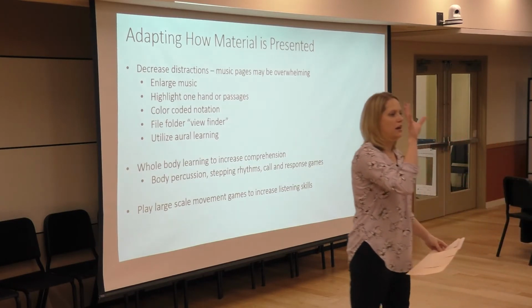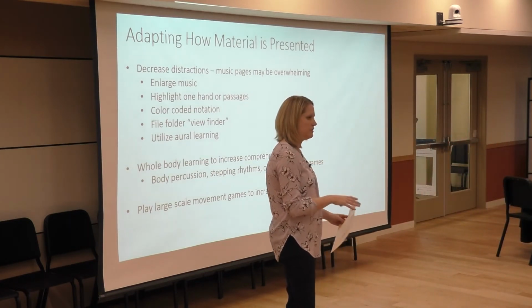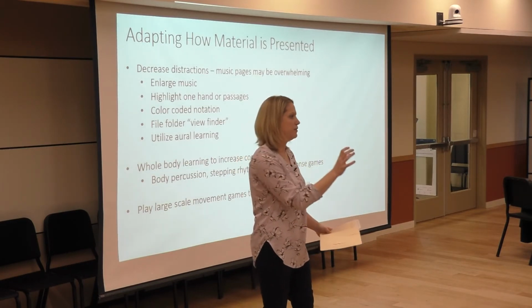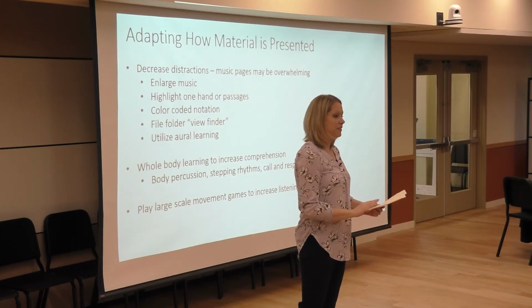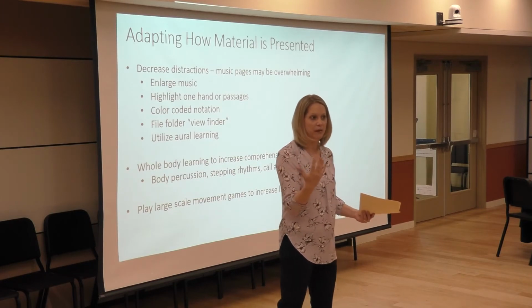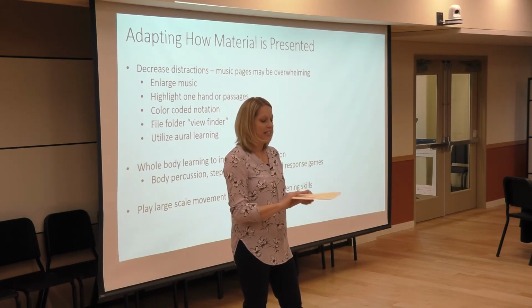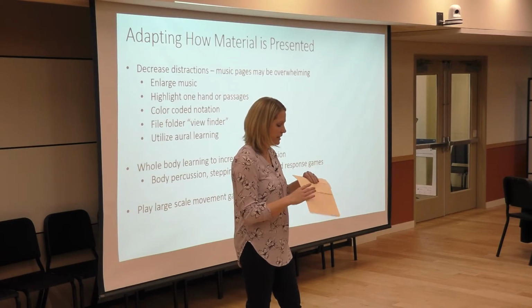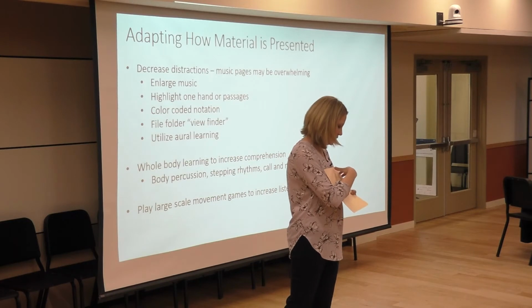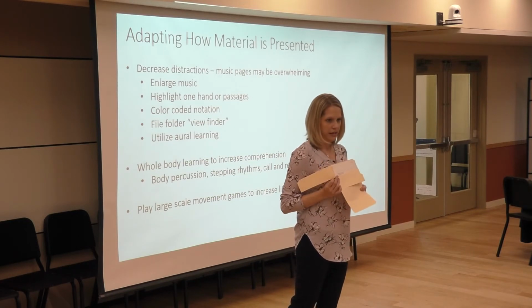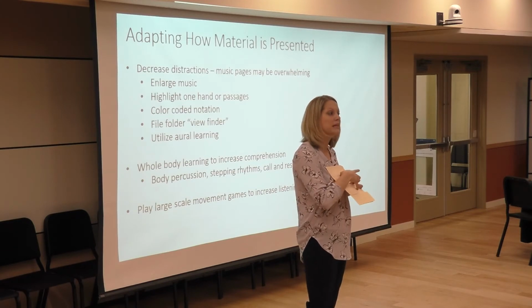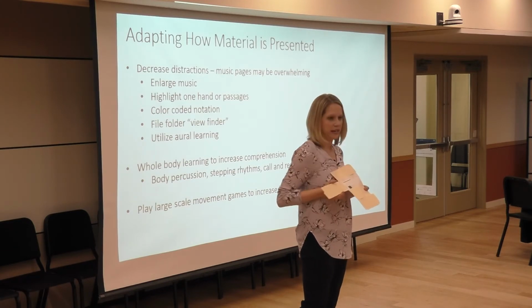Sometimes looking at a page of music is overwhelming for a lot of our students because they're looking at what they already played, they're looking at what's coming next, and not focusing on what they're actually playing. So a very low-tech, very easy way to make a viewfinder type distraction minimizer is to just take a manila folder and cut it in as many chunks as you have staffs on a page, so that when you're working on the first line, you can open the first window, and then shut it so that we don't go backwards and start from the beginning every time, and open the second one.